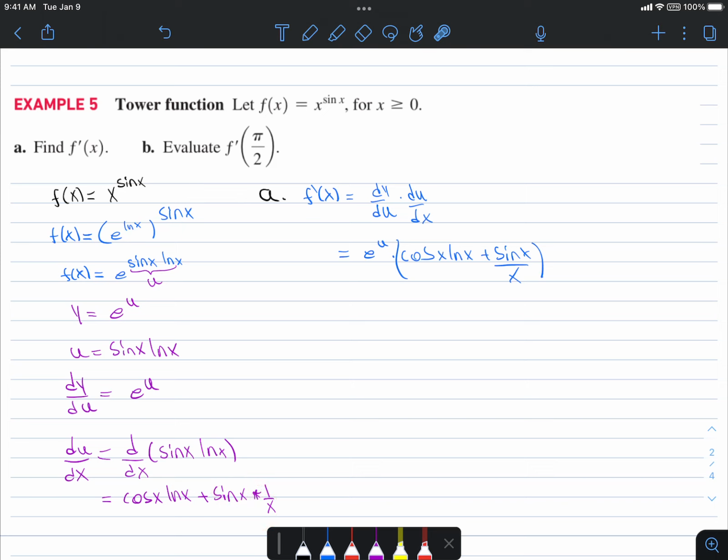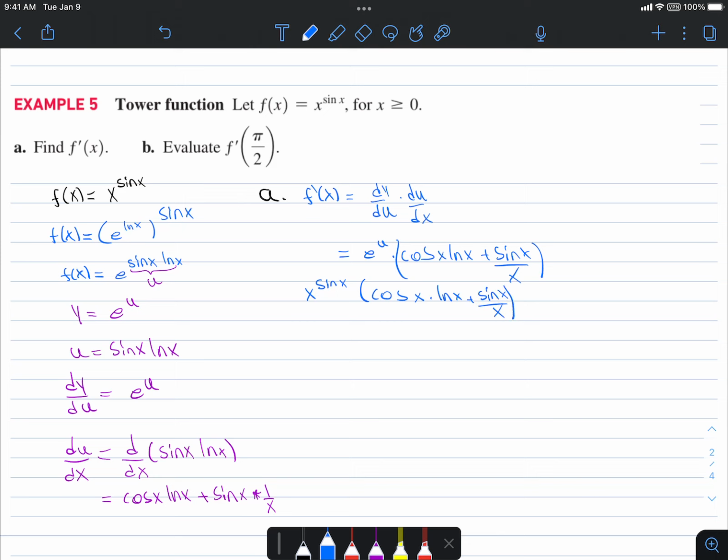Now just to speed up my work, this e to the u was y originally, so I can just write that instead. When I plug u back, I get x raised to the sine of x, and that is times cosine x times ln x plus sine x over x.